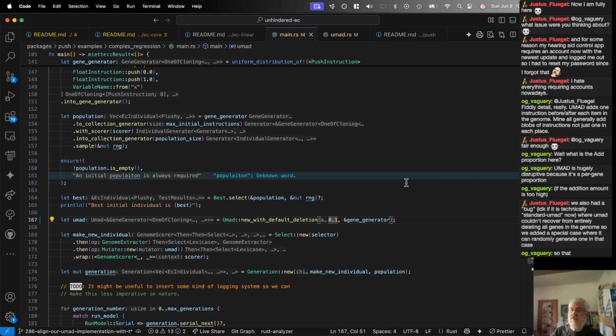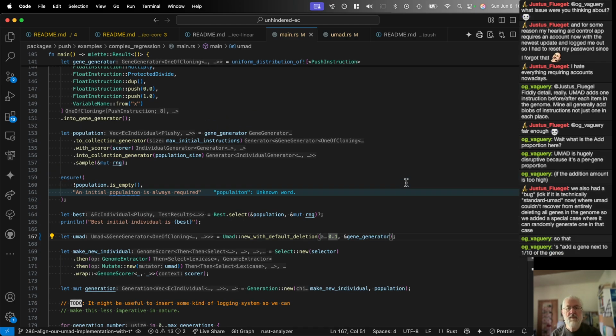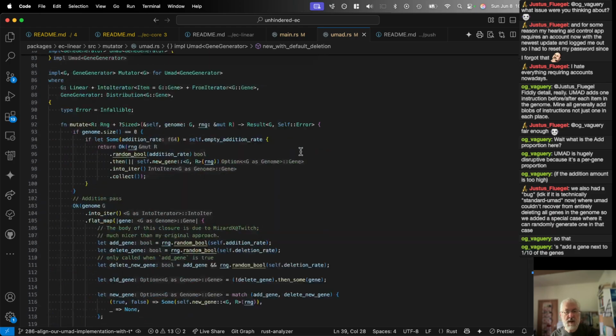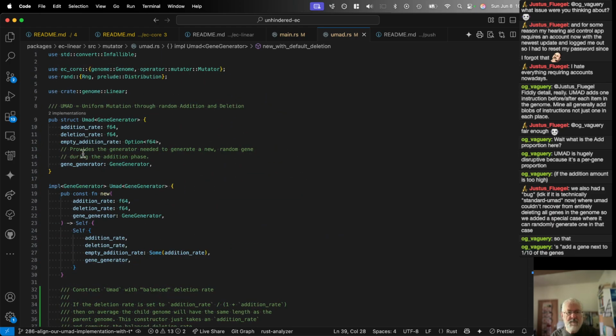So Eustace's comment is important and would probably need to be documented more clearly somewhere. And if we were to ever publish something with this, that's a thing we need to say something about, because that's what the empty addition rate is about: what to do if you ended up with an empty genome.